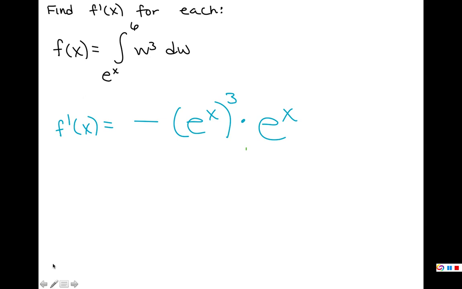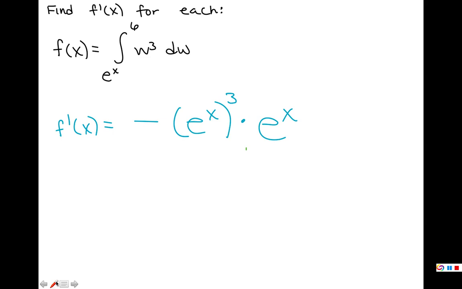All right, there's my answer. How did I get that? Again, the idea is the 6 is a constant, so when you take its derivative, you get 0. And then the variable is in the lower bound, so that's why we have the minus. Let me clear that.